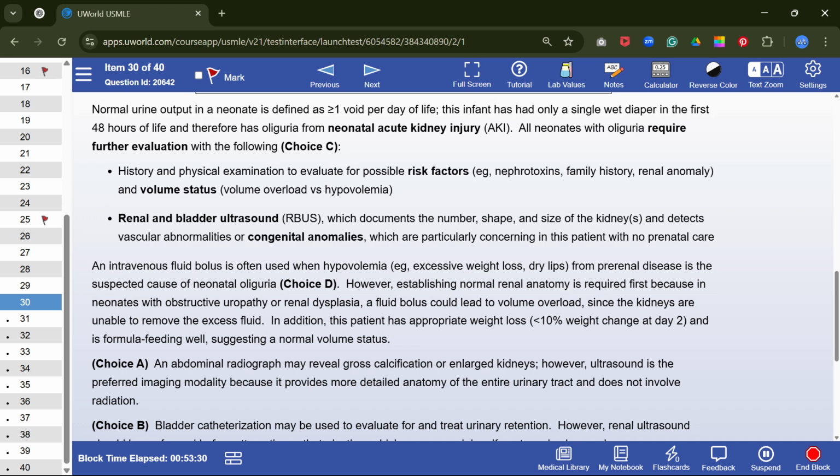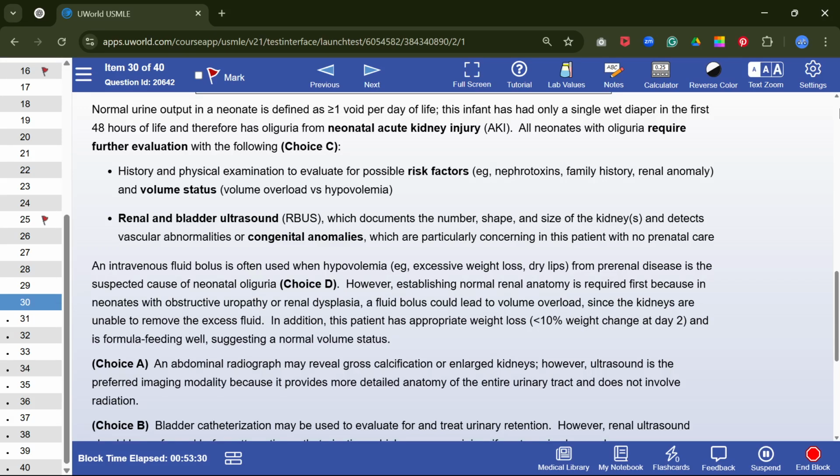However, establishing normal renal anatomy is required first because in neonates with obstructive uropathy or renal dysplasia, a fluid bolus could lead to volume overload since the kidneys are unable to remove the excess fluid.